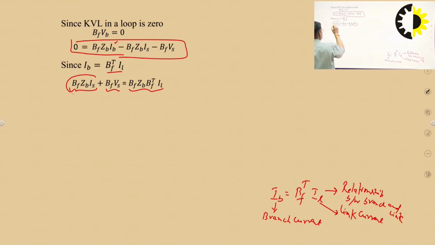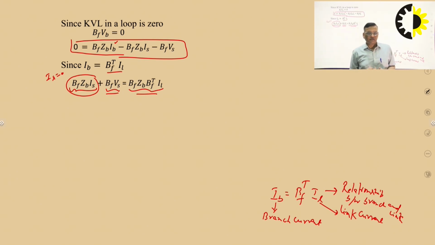If IS is 0, then this matrix is 0. So simply we have to write this matrix and this matrix. So it is convenient to convert the current source, if present in the network, into its equivalent voltage source while carrying out the loop analysis, just to get rid of this matrix multiplication.